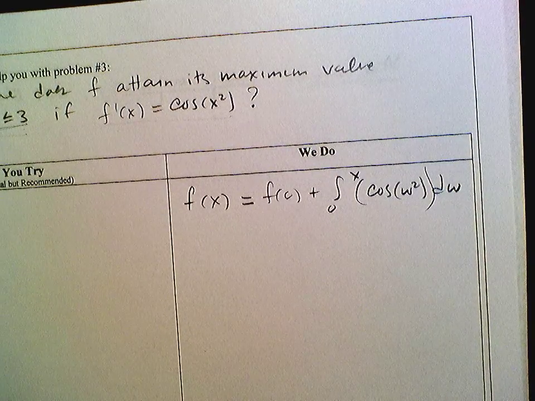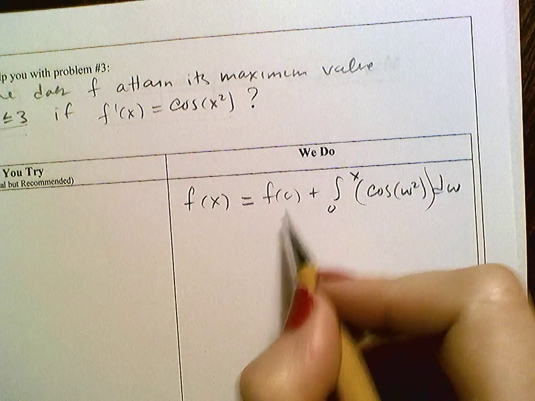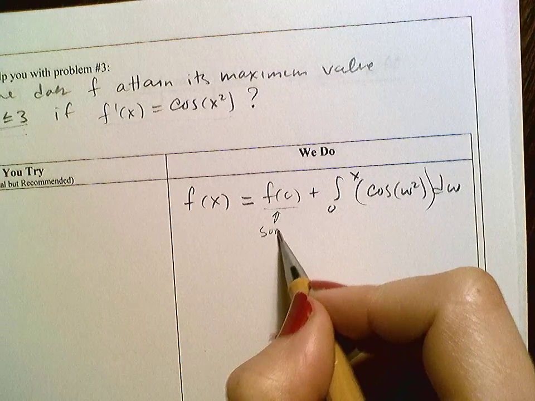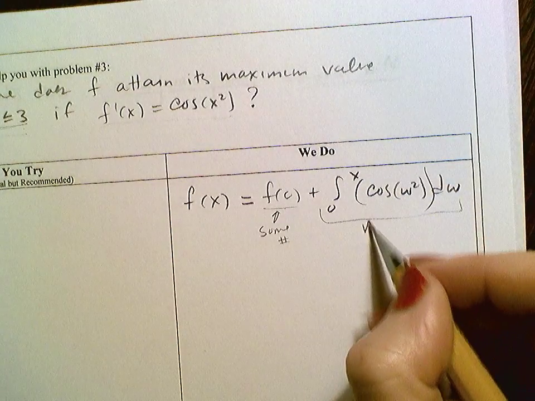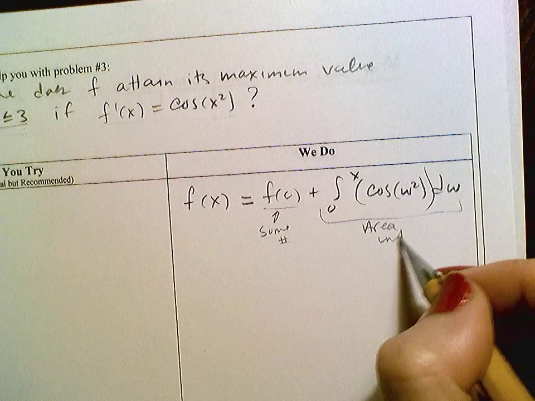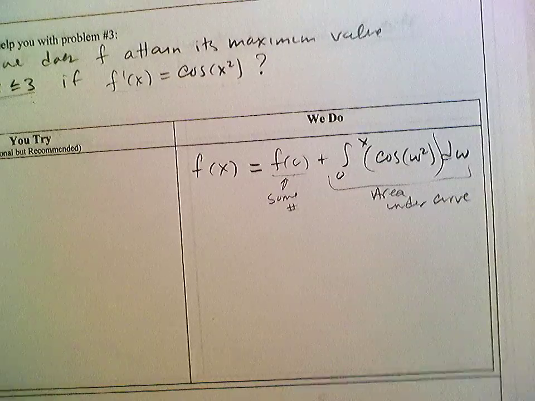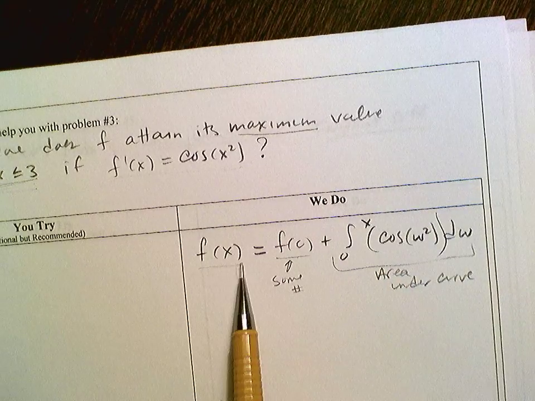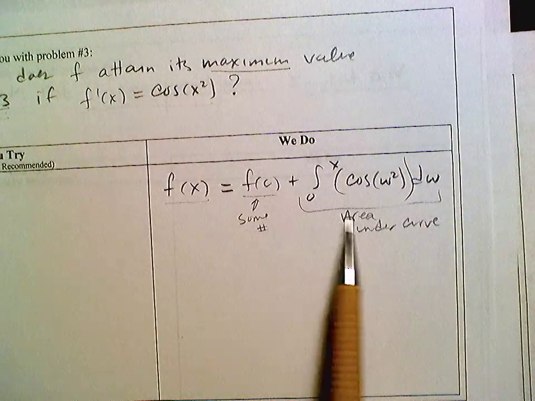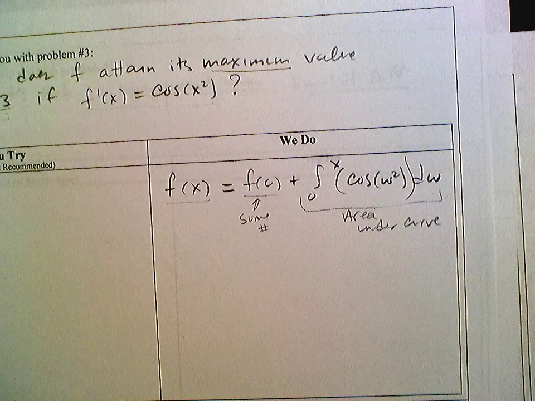We don't know what f of 0 is, they didn't give it to us, so this is some number. And this is the area under the derivative curve. Basically, guys, they want the maximum value of this. We're going to figure out where on this interval the area under this curve is the greatest.